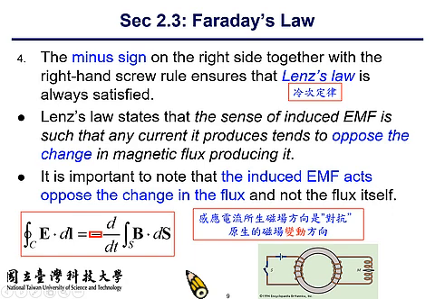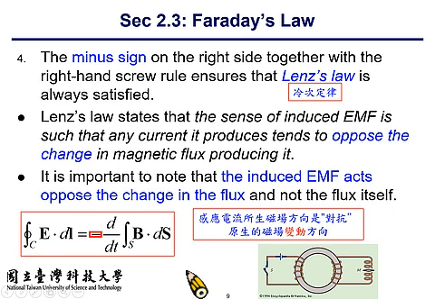Because the electrical potential, which shows as a current, according to Ampere's law, currents produce magnetic field. So we shall compare the polarity of the magnetic flux changes and the polarity of the magnetic flux produced by the induced current.